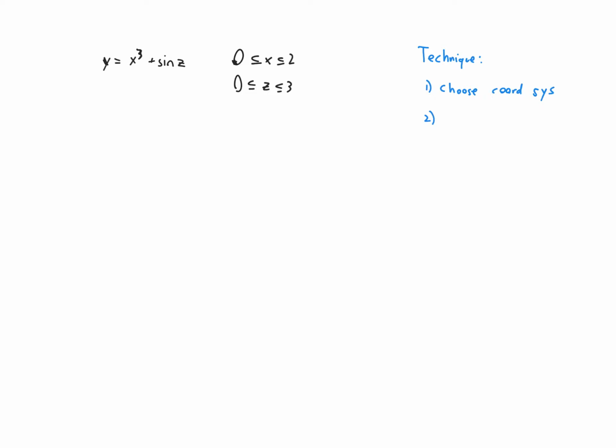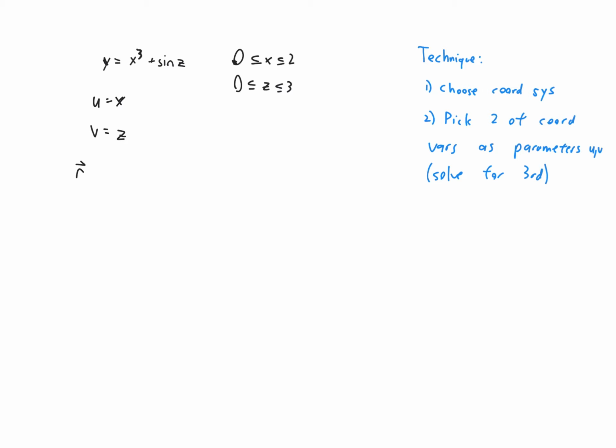And then the next step is to pick two of the three coordinate variables as your parameters, and then solve for the third one. So you want to be strategic here. In this case, I'm going to say u equals x and v equals z. The reason why I'm not making v equal y is that y is already solved for.